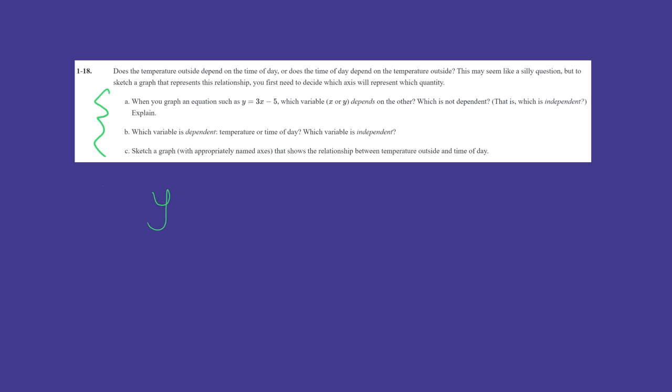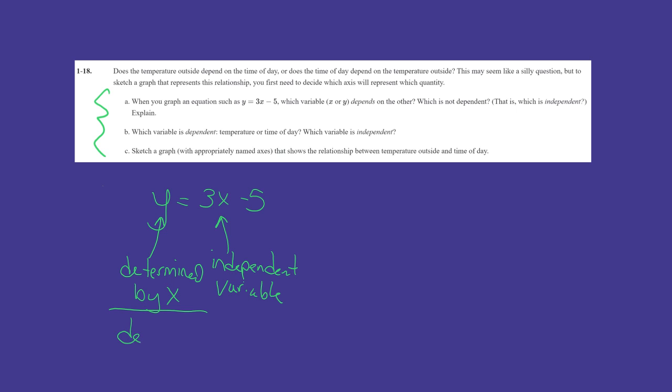So if I've got y equals 3x minus 5, x is my independent variable, because I have to figure out what that is to plug it in, and then it determines y. So y is determined by x, which means y is the dependent variable.